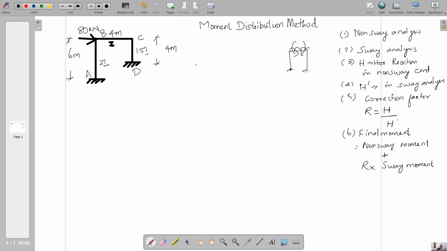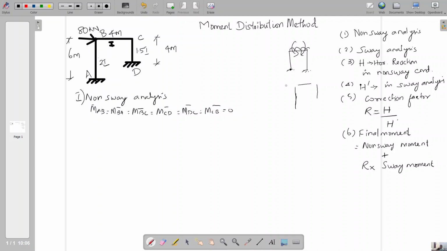First of all, I can write first one, non-sway analysis. We just start non-sway analysis and try to find the fixed end moments, that is M bar AB, M bar BA, M bar BC, M bar CB, M bar CD and M bar DC, all are 0, because for the column there is no load, for the beam there is no load, for the other column there is no load.